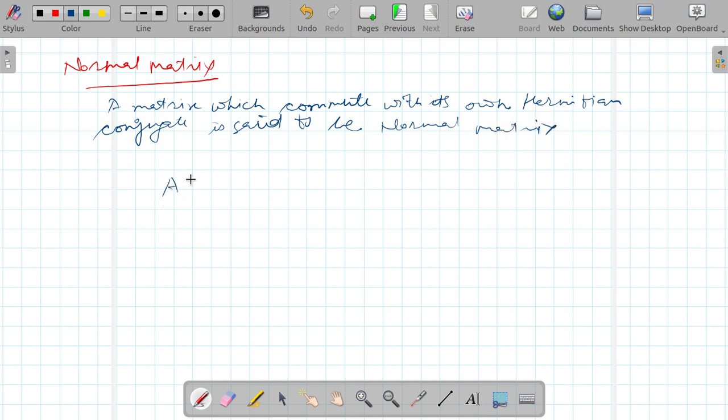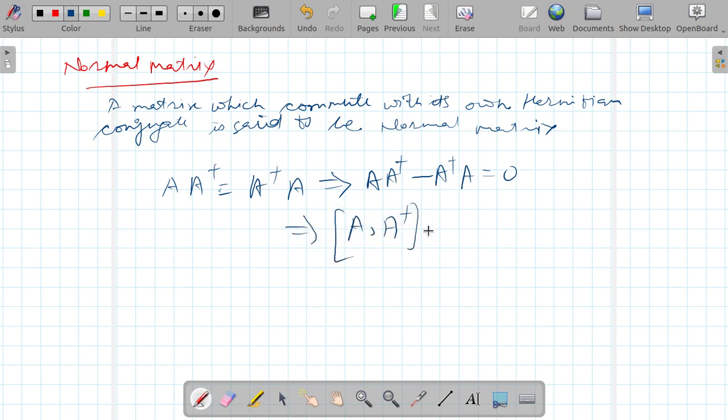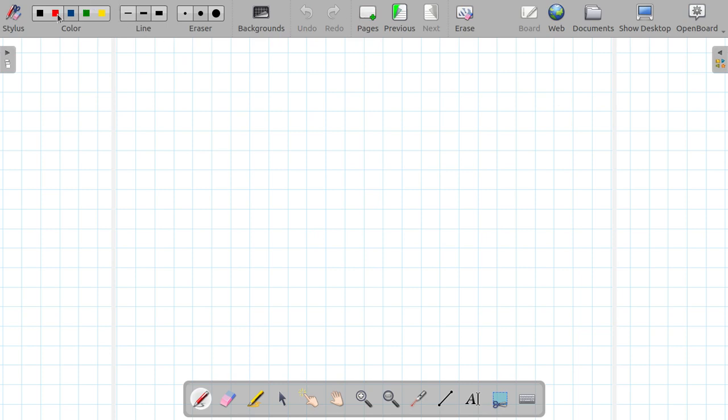Mathematically, if A A dagger is equal to A dagger A, then we can say that A A dagger minus A dagger A is equal to 0, or in other way I can write it in the form of a commutator, it must be equal to 0, right? So then this is said to be a normal matrix. Then let us talk about the very important thing, that is the trace of a matrix.